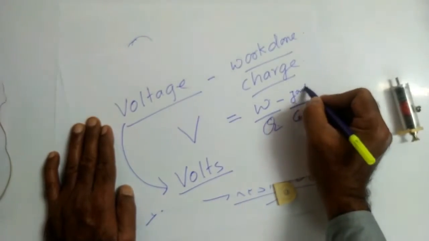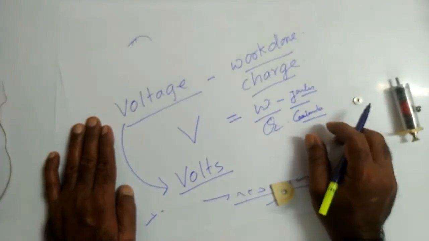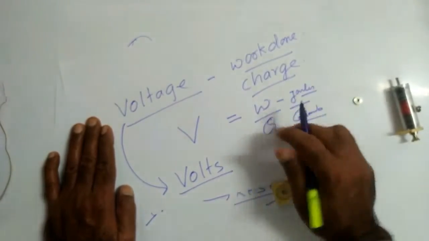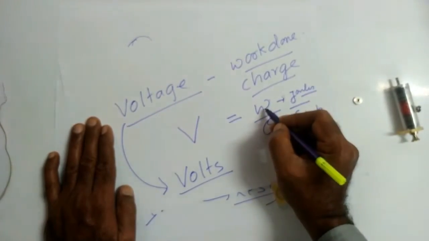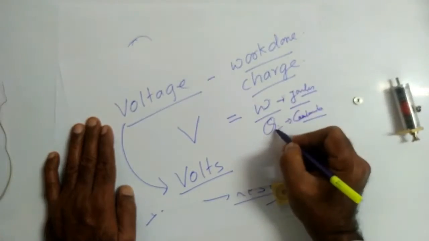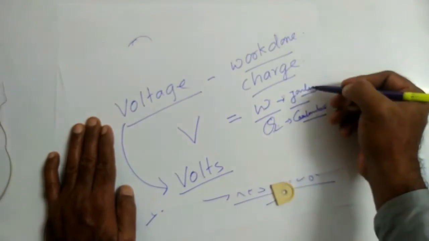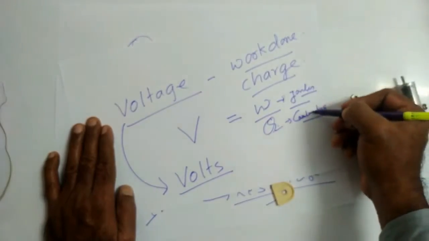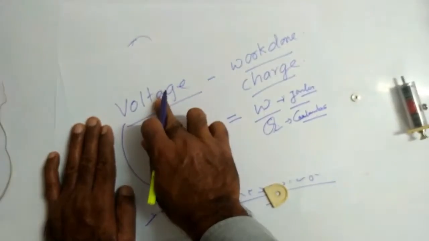Joules, because it's a work done, and Q for coulomb. I am just showing an arrow mark, and this arrow mark represents work done is measured in joules and charge is measured in coulombs. So joules divided by coulombs will give rise to volt, and that's why it's called voltage.